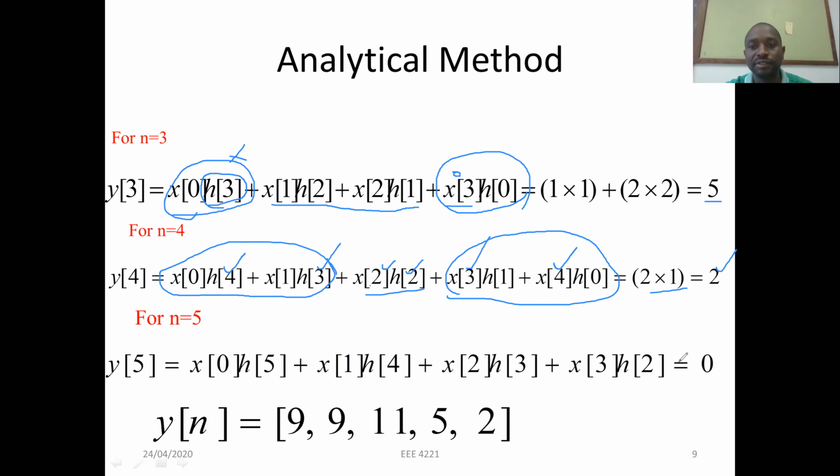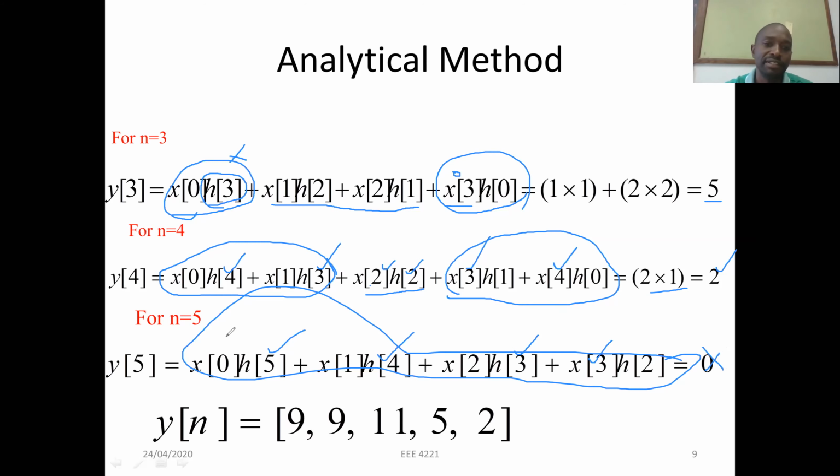This one goes on, but again, as you can notice, we don't have x of 3, we don't have h of 3, we don't have h of 4, we don't have h of 5. Therefore, all these here are invalid, and they basically give a 0. Therefore, the moment you reach that position, it means n equals 5 is not valid. You basically end at n equals 4.